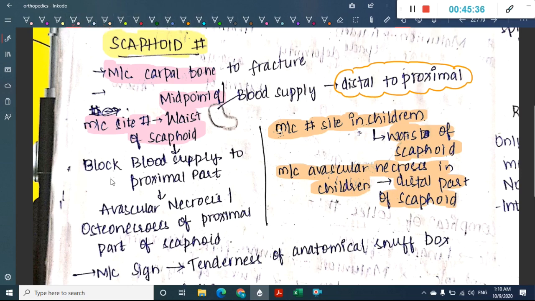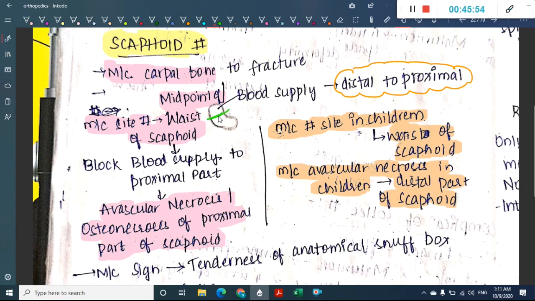But what about avascular necrosis in adults? In adults, the most common site of avascular necrosis is osteonecrosis of the proximal part of the scaphoid. This you should remember. Overall, the most common site is the scaphoid waist.